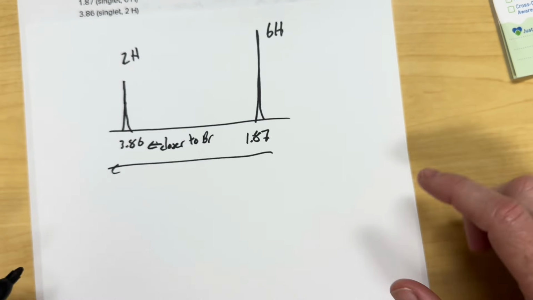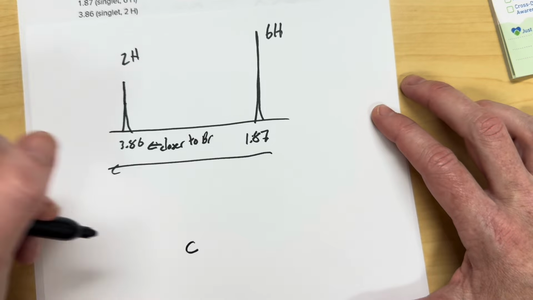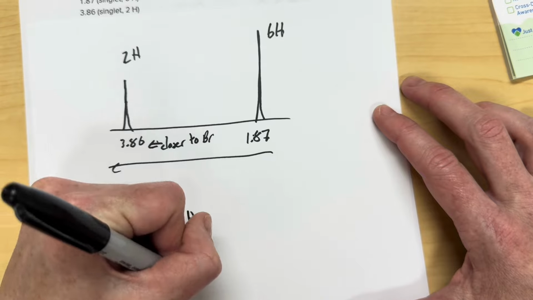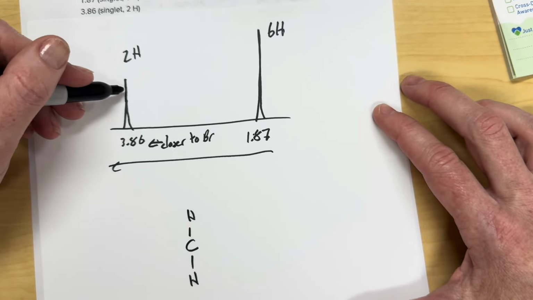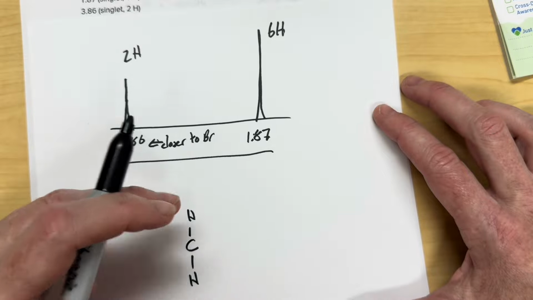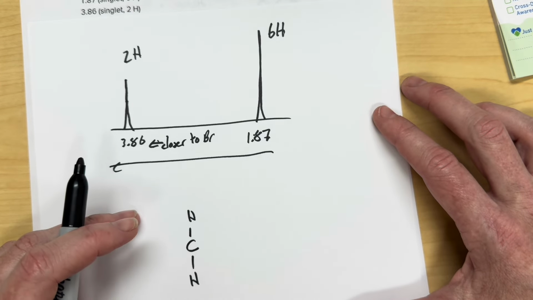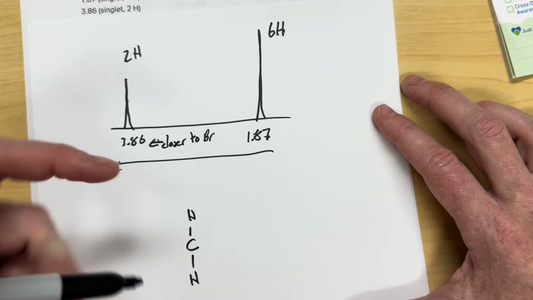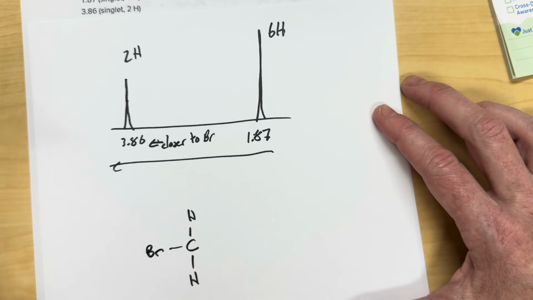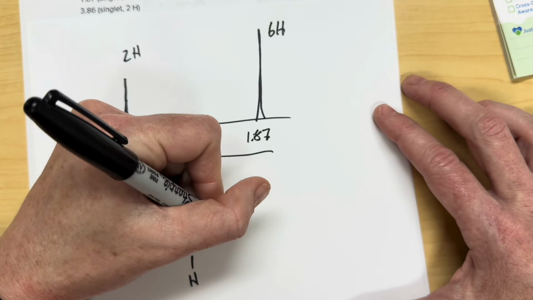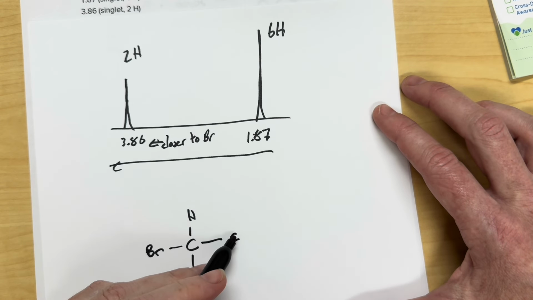So let's start with the one that's closer to the bromine. I've got a carbon and it has 2 hydrogens on it. That's what this means. There's a carbon with 2 hydrogens on it. And when these hydrogens are jumping up and down, they look and they see no neighbors. We also know that it's close to the bromine, meaning one of those things is probably a bromine, and the other one must be some kind of carbon that has no neighbors on it.